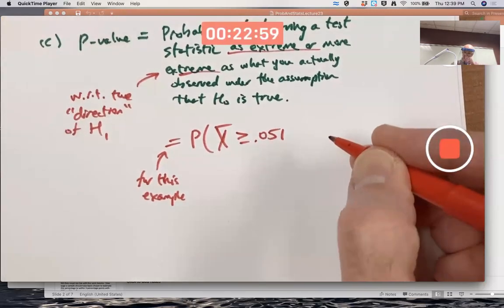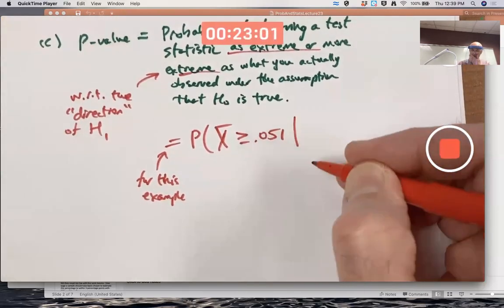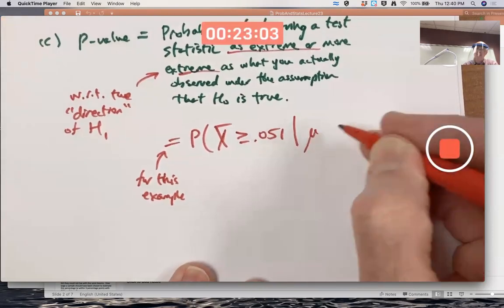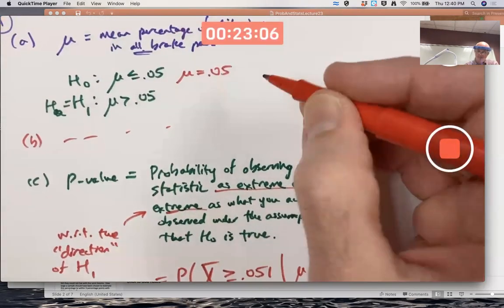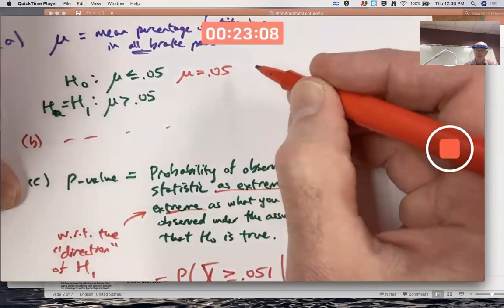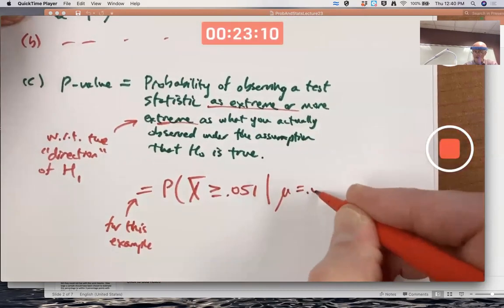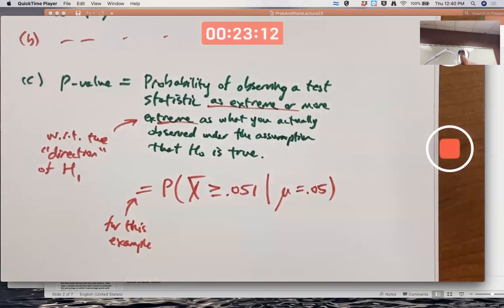Assuming the null is true, I'm going to go ahead and write this as a conditional probability. Assuming mu is, we take the simple hypothesis here, mu is equal to 0.05, not less than or equal to 0.05.